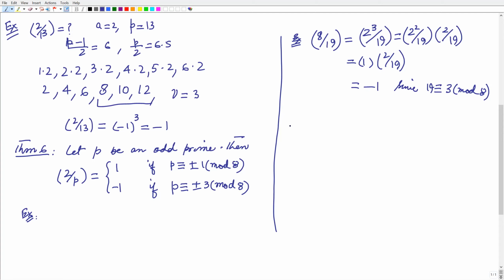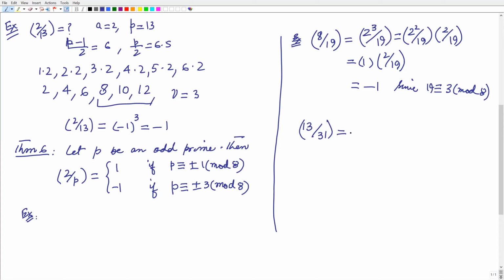For example, we have the Legendre symbol of 13 over 31.